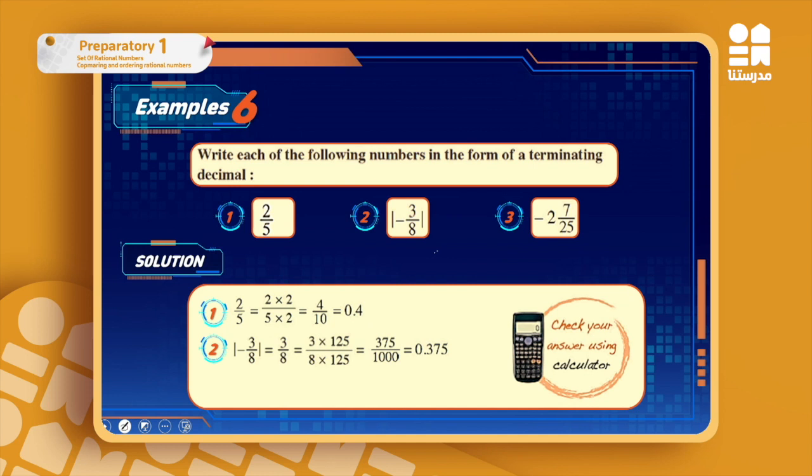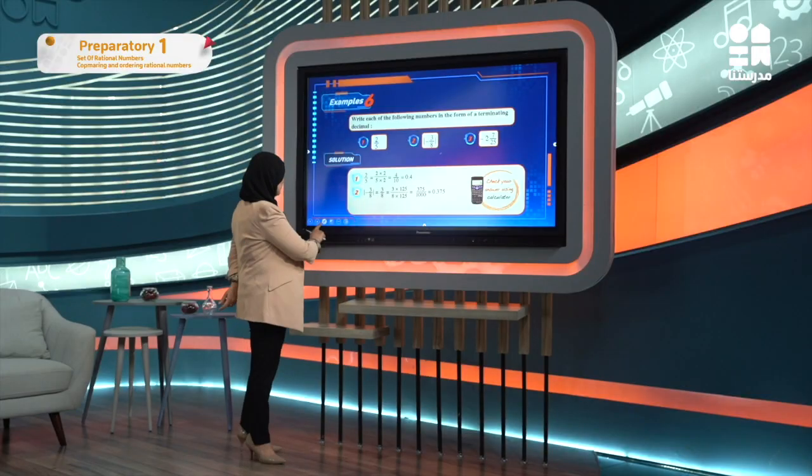So I'm going to multiply 3 by 125. It becomes 375 over 1000. And focus with me, please. Here we have 3 zeros, so I have to put 3 decimal places. Start from right. 1, 2, 3: 5, 7, 3. And then put the decimal point.